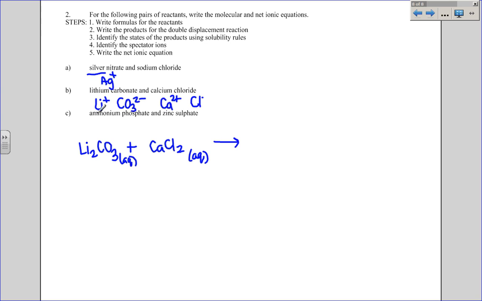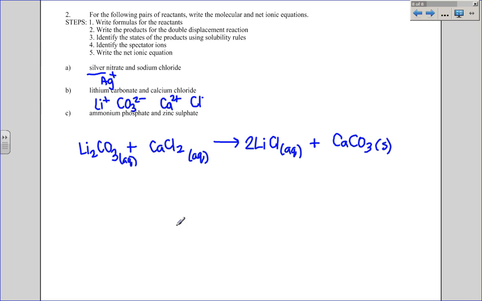And double displacement will allow me to join the lithium and the chlorine to produce LiCl, which is also aqueous because of the alkali metal. And my other product is calcium carbonate, which by the solubility rules is a solid. To balance this, I need to put a 2 here, and I've got a balanced molecular equation.